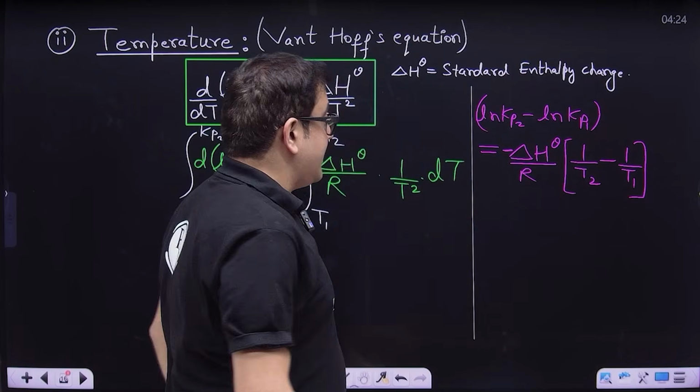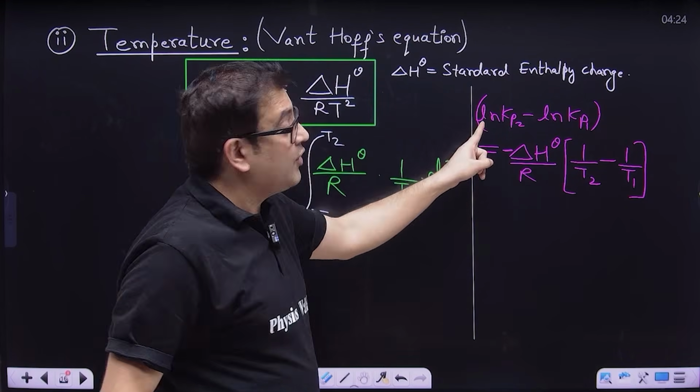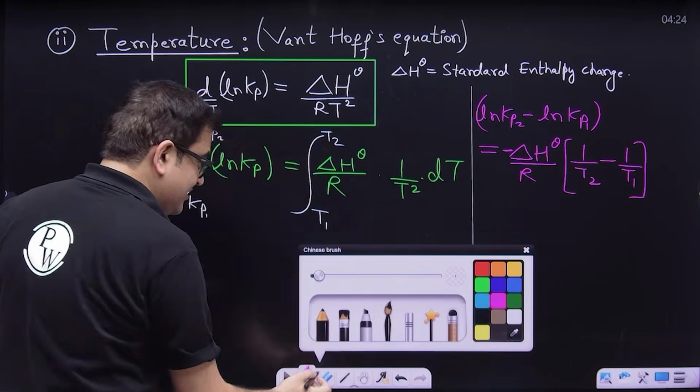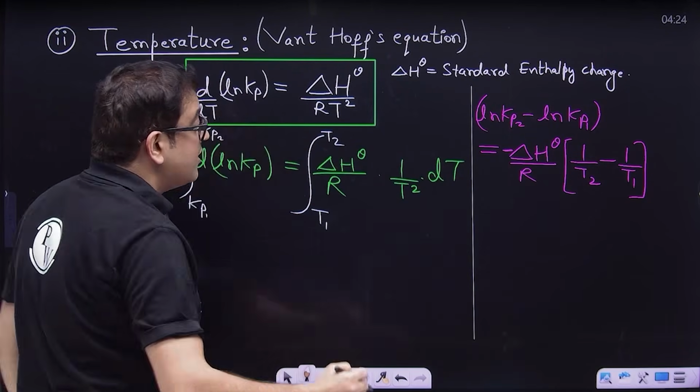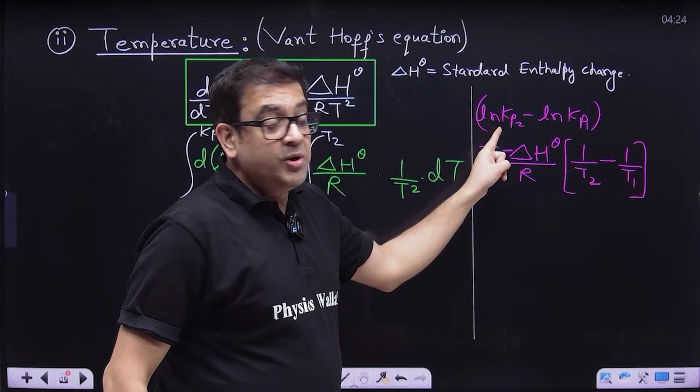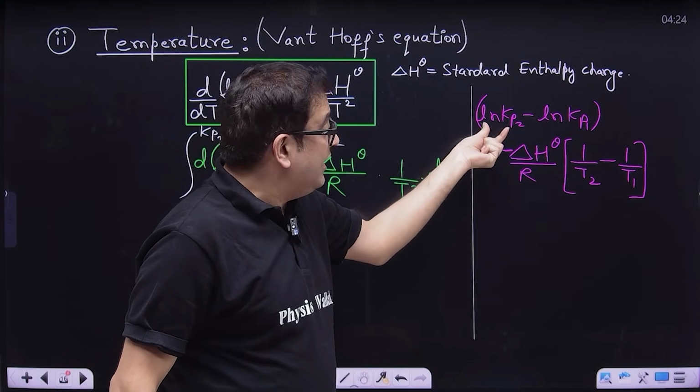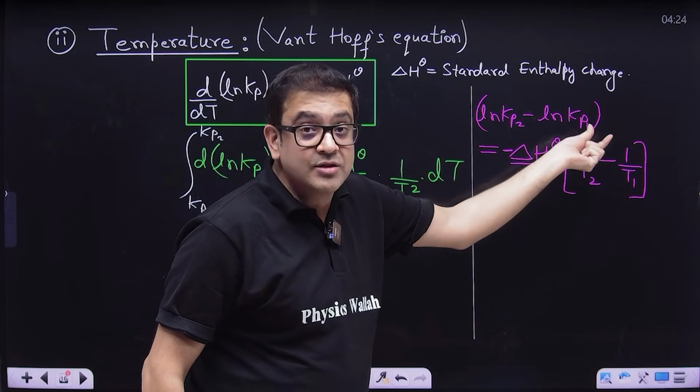Put the minus inside. Now what property? Mathematics, I guess you people should know. You all are JEE aspirants. What is the property of log? Ln of a minus ln of b is ln of a upon b.